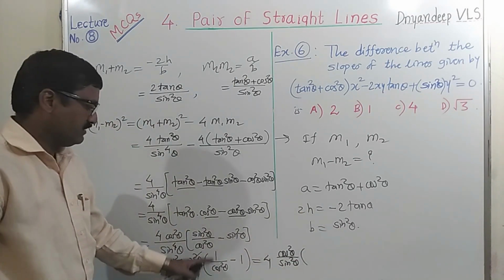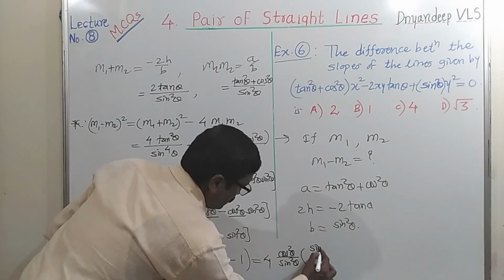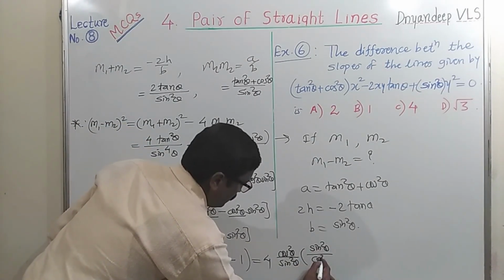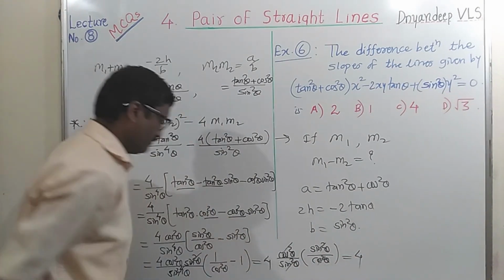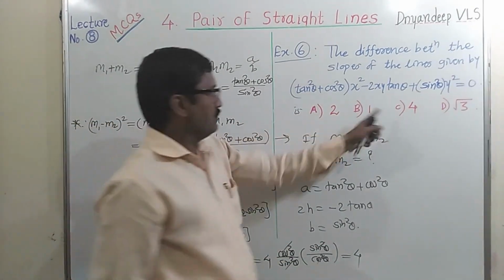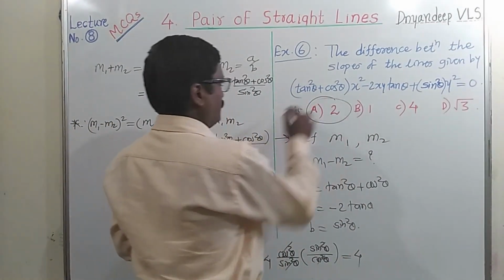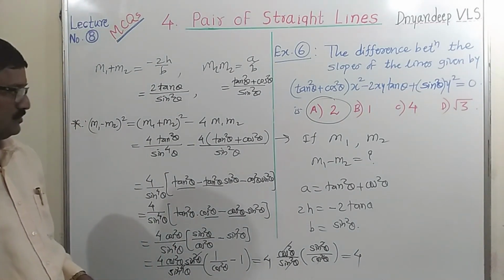In the bracket here we get 1 minus cos square upon cos square, that is 1 minus cos square is sin square theta upon cos square theta. This sin square and cos square get cancelled, giving 4. So (m1 minus m2) square is equal to 4, so m1 minus m2 is equal to 2. So answer option A is correct, where the difference is 2.